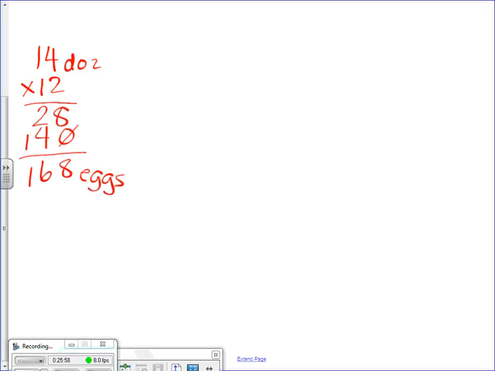So he sold 60 eggs, not 60 dozen, so we did have to convert. For A, that's 168 minus 60. So that's 108 eggs that he had left. What did he do with them? He gave them away.